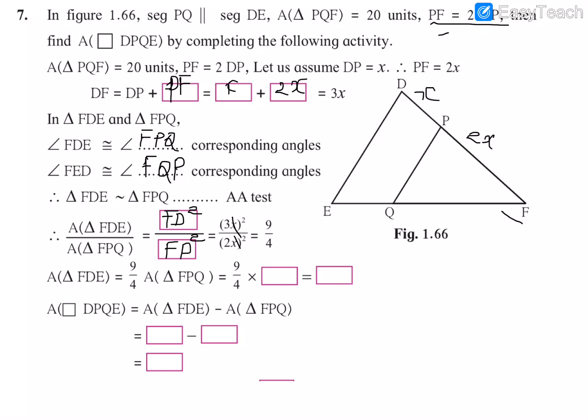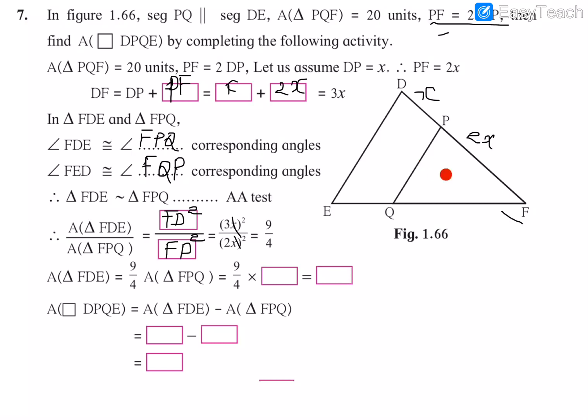But the area of FPQ is given in the question. You can see the triangle FPQ, or we can call this triangle PQF. Area of triangle PQF is given as 20 units.